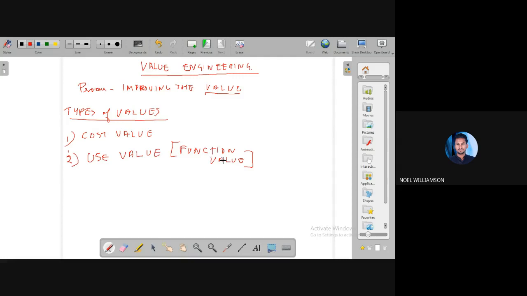So the use value is whether it can be used for the particular intended function with ease. So this is the use value, depending on the function. Next is the esteem value.